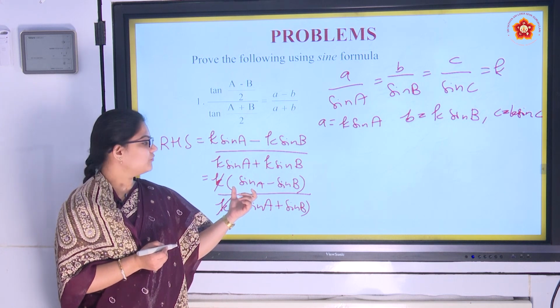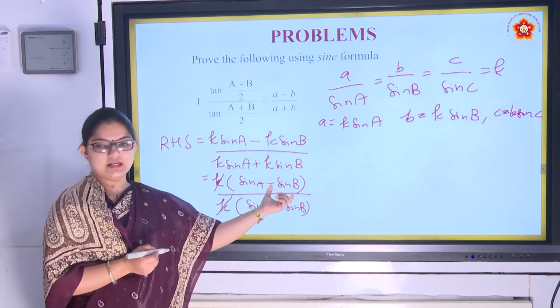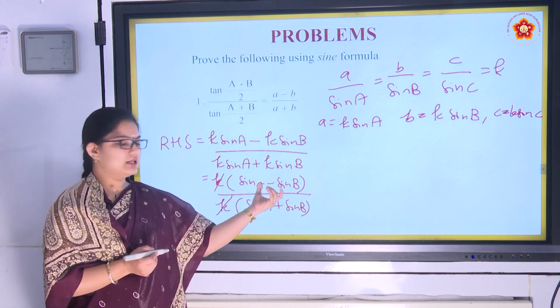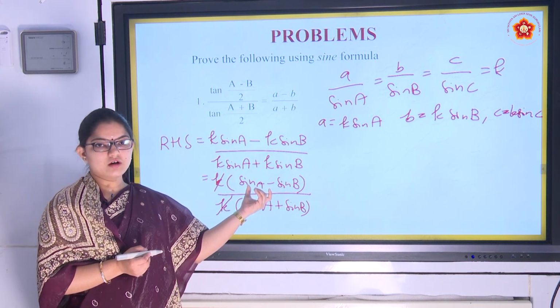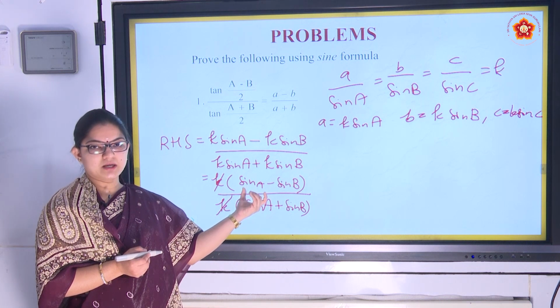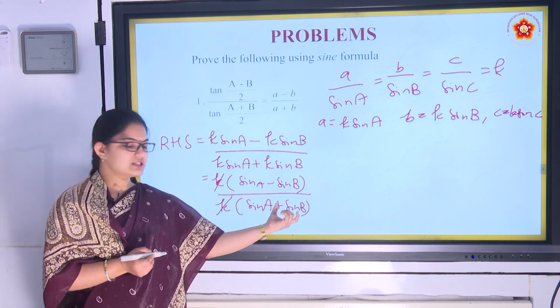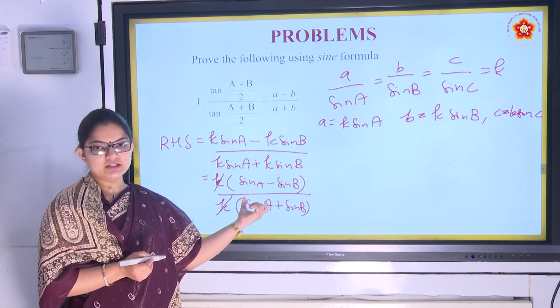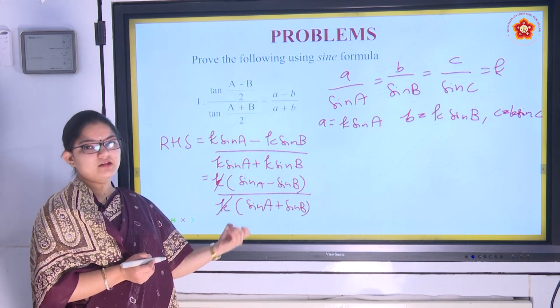Now we know the formula. What is sin A minus sin B? We have studied it in the trigonometry chapter. Sin A minus sin B is 2 cos (A plus B)/2 sin (A minus B)/2. And what is sin A plus sin B? 2 sin (A plus B)/2 cos (A minus B)/2. So let us substitute that.